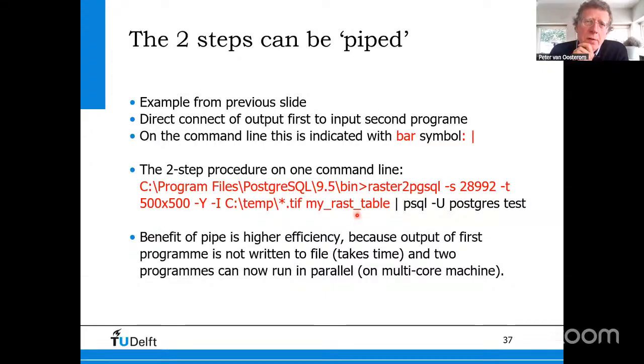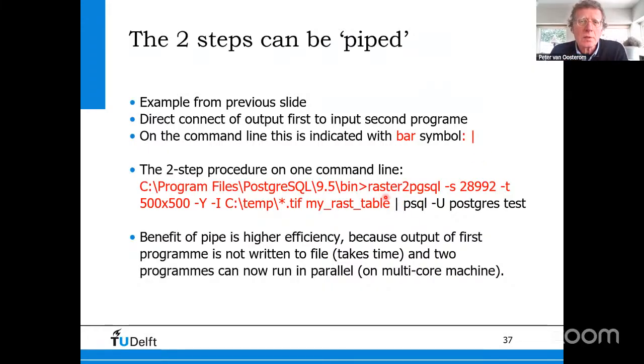So this can be faster. Like in many operating systems, we can combine the processes, and then the output of one process can be the input of another process. This is typically indicated on the operating system command line with a bar symbol, a vertical bar.